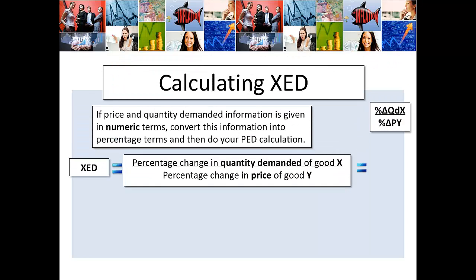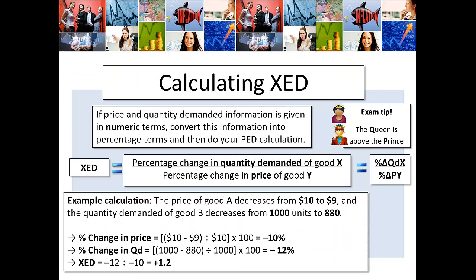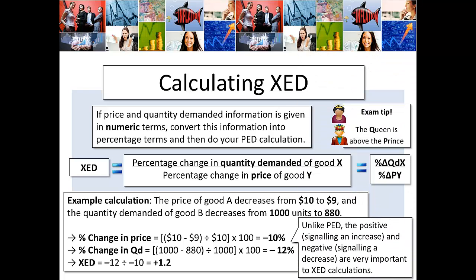Again, our formula is based on a percentage change. So if the question doesn't give us a percentage change, then we have to go and work that out for ourselves. If we're just given quantity and price information, then we need to work out the percentage change in price and the percentage change in quantity demanded, take that information and divide it out.